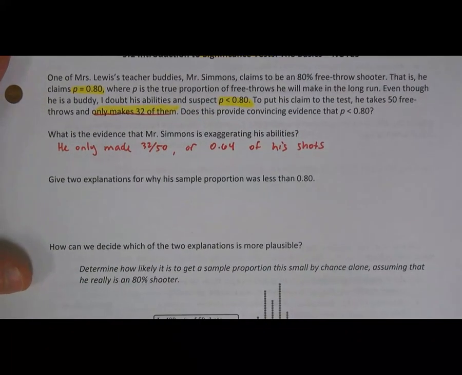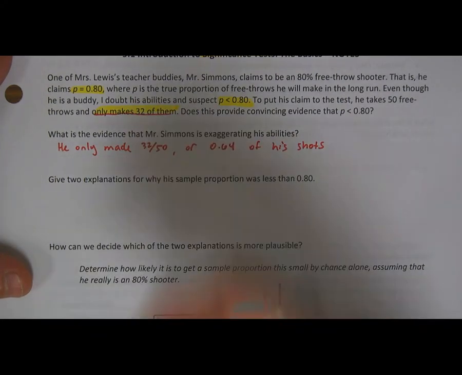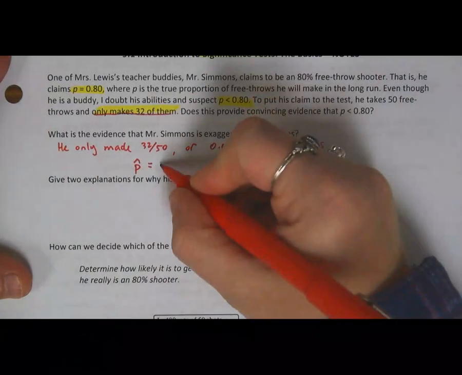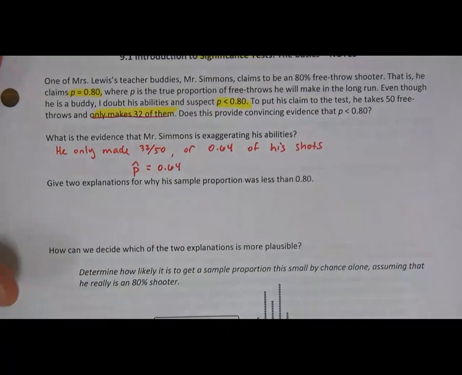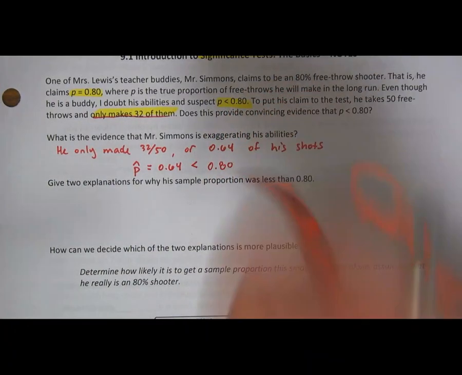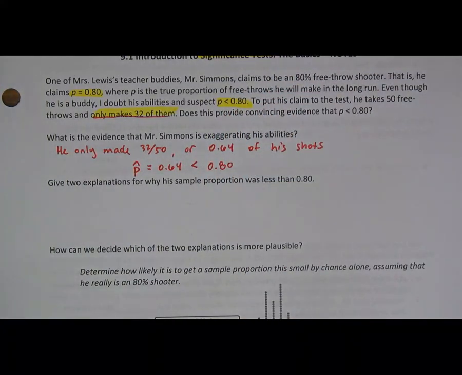So I have a statistic. I have a sample proportion. I have p hat, and it was 0.64, which is less than the 80% that he claims. So that's my little bit of evidence.